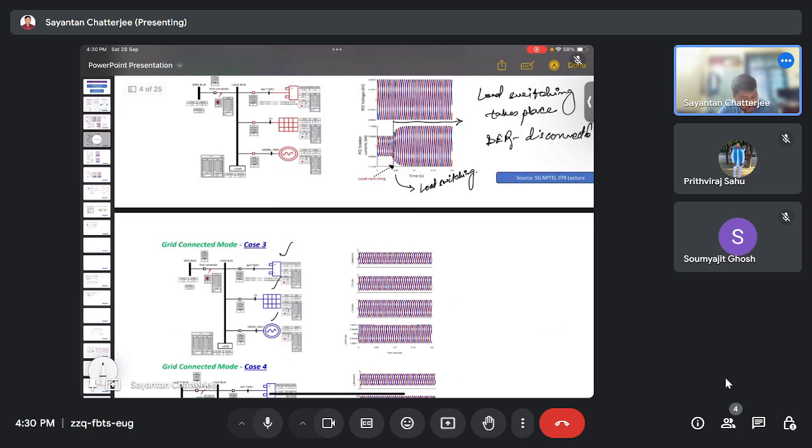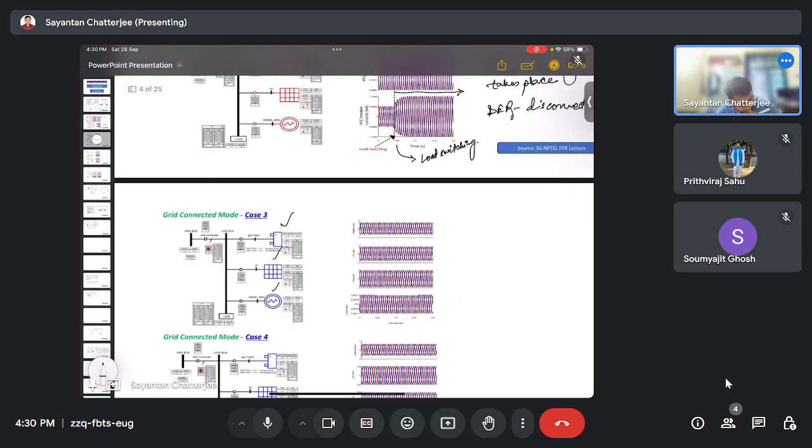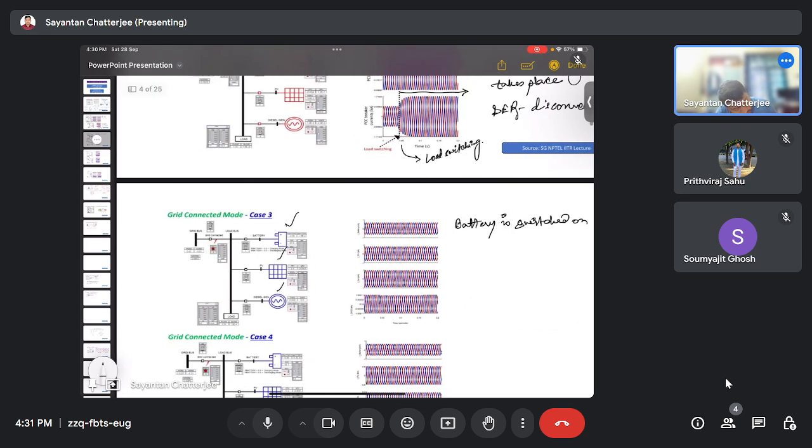Now the battery is switched on. So this is charging.